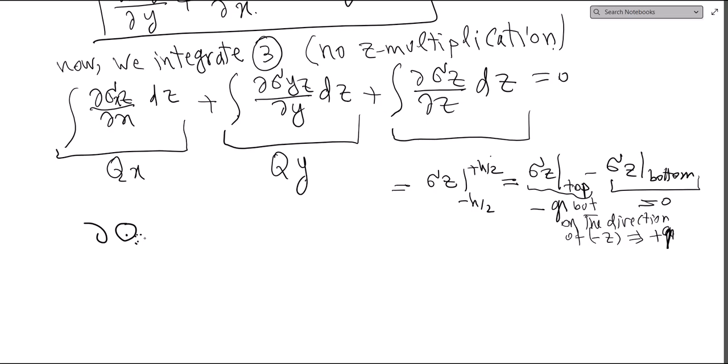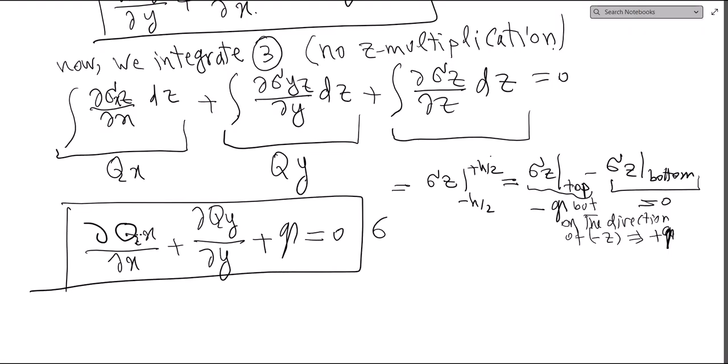So therefore here we will have dqx/dx plus dqy/dy plus q equal to 0.